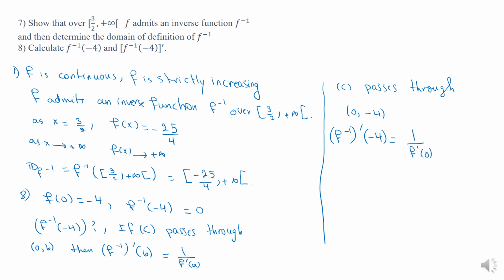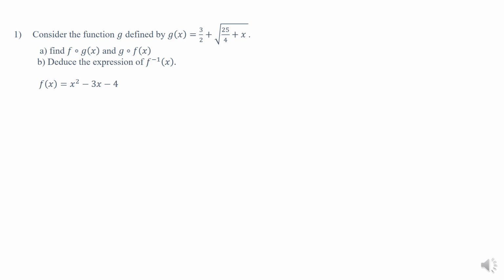So all you have to do is find f prime of x, which is 2x minus 3. F prime of 0 is negative 3, which means that f minus 1 prime of negative 4 is negative 1 over 3.